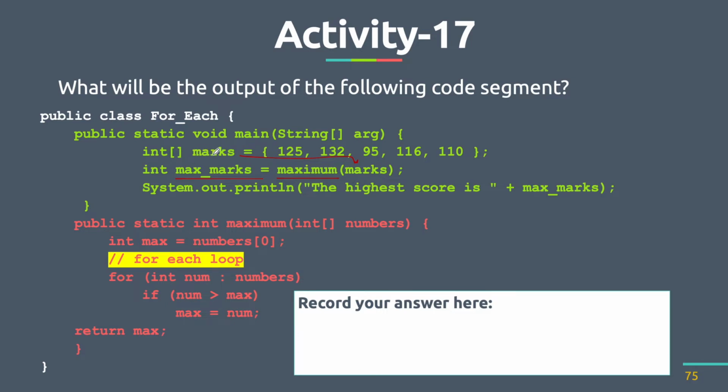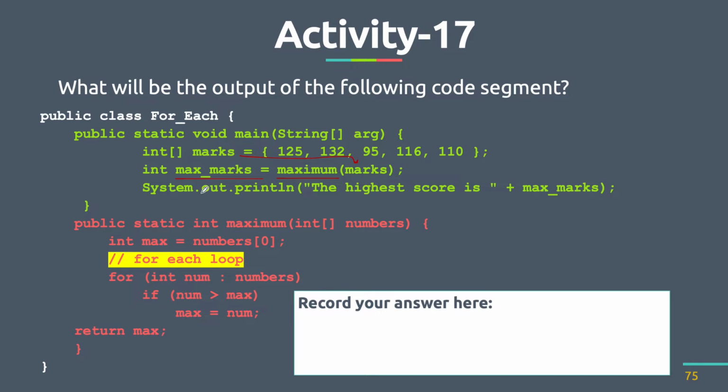What that means is when we send an array to a method, if the values in the array were changed in the method, it will be reflected back to the calling method. So if I change 125 in this method, that is maximum, and then we continue to try to access this first element, it will be changed, reflecting the change that happened in the maximum method.